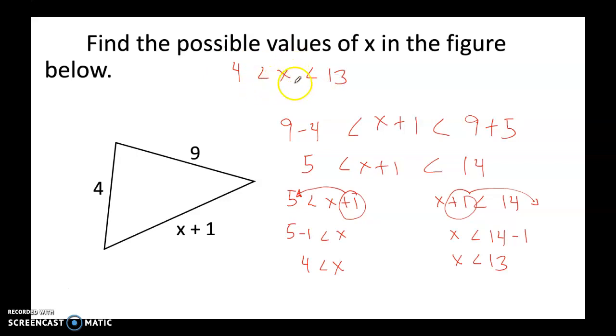Those are the possible values of x. So the possible values of x should be greater than 4 but less than 13, or 4 less than x less than 13. That is the triangle inequality.